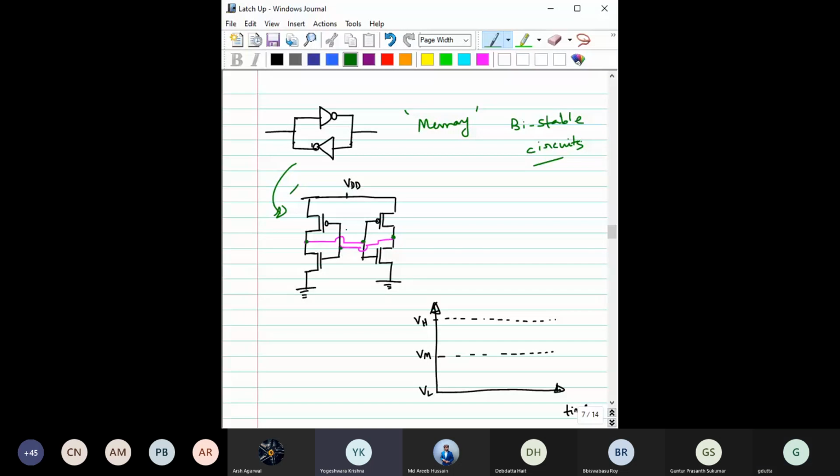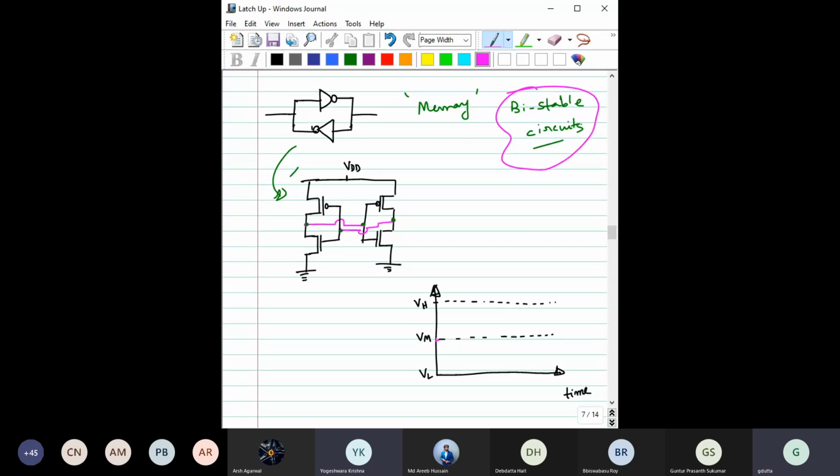Now, to focus on the bistability principle, suppose you have given some voltage Vm here, and due to noise there is some perturbation. Then with respect to time this perturbation will change, and Vm will approach either Vh or VL after a certain amount of time.